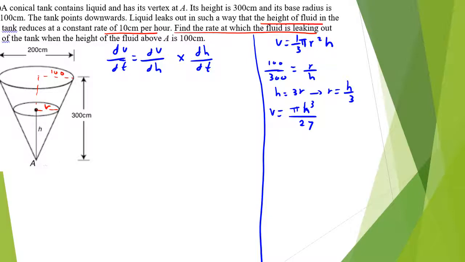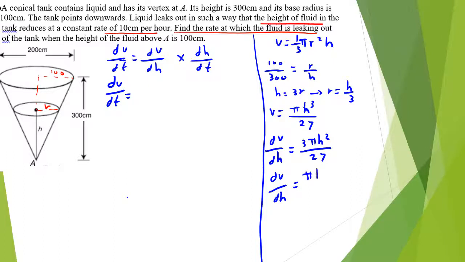So dV over dh, I'll differentiate it on the side here, and that gives me 3 pi h squared over 27. Simplify it further, you will end up with pi h squared over 9.